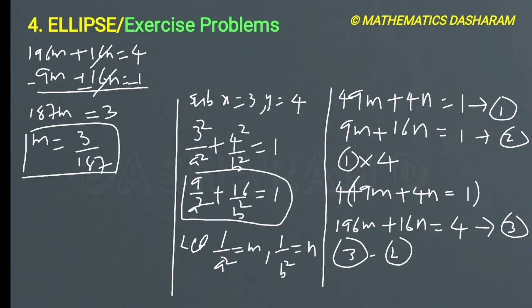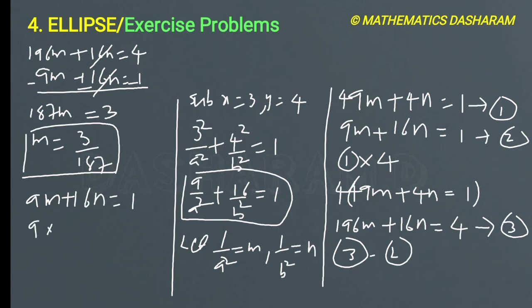So substitute the m value in any equation, either 1, 2 or 3. I am selecting equation 2: 9m plus 16n equals 1.